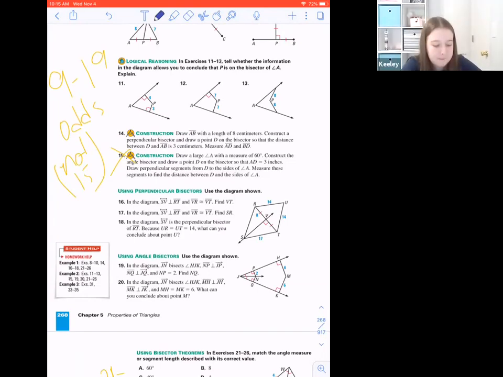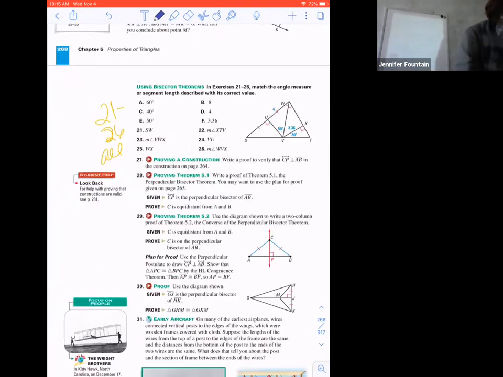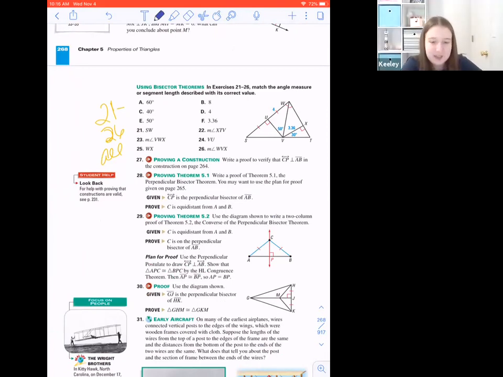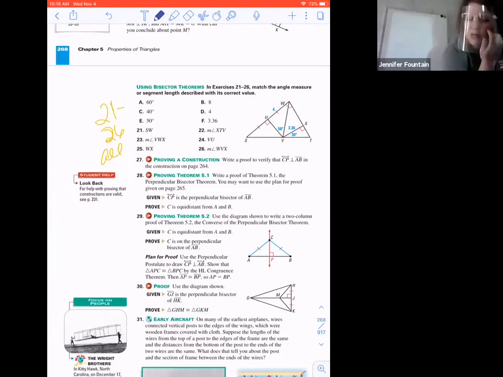So eliminate number 15. And then on page 269 will be 21 through 29. Sorry, which page? That's on page 269. And that'll be it for now.